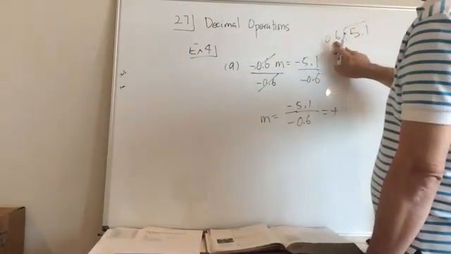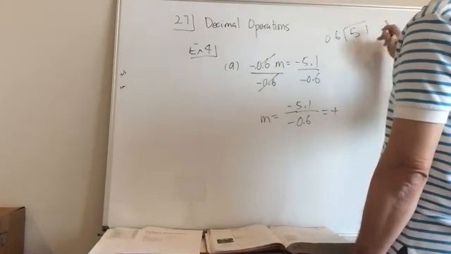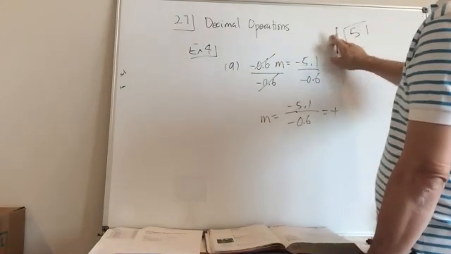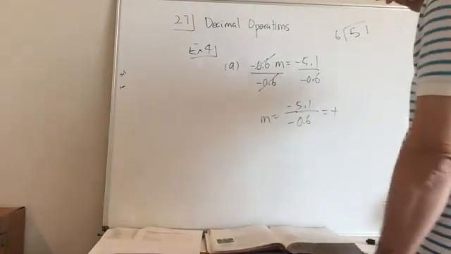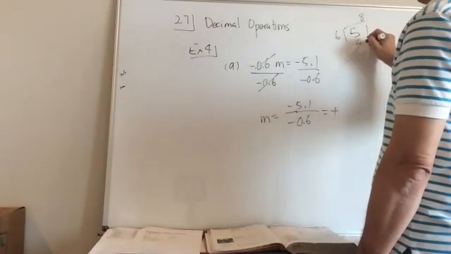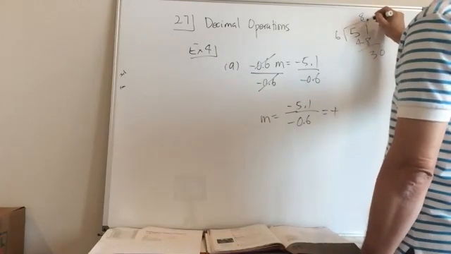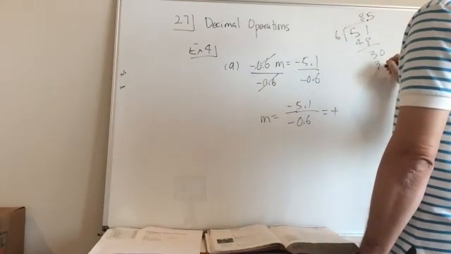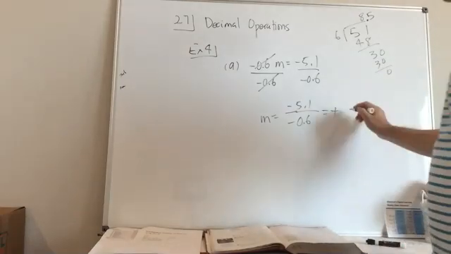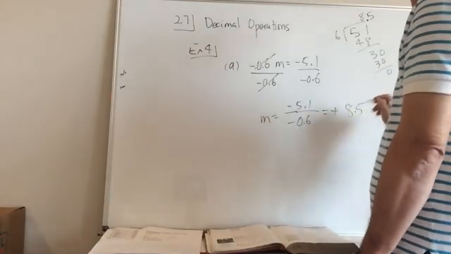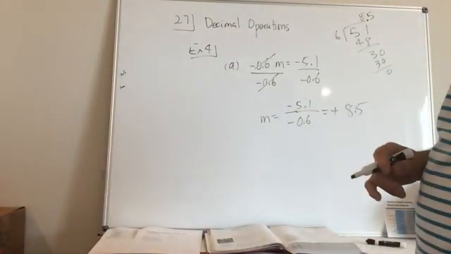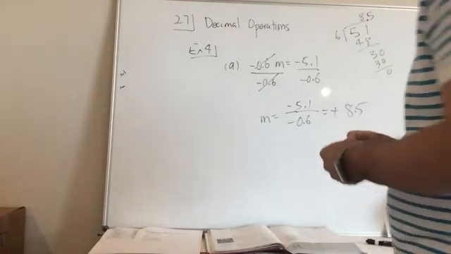If I move the decimal over one place in each, it's basically the same as 51 divided by 6. So your number is 8.5, that is your answer.